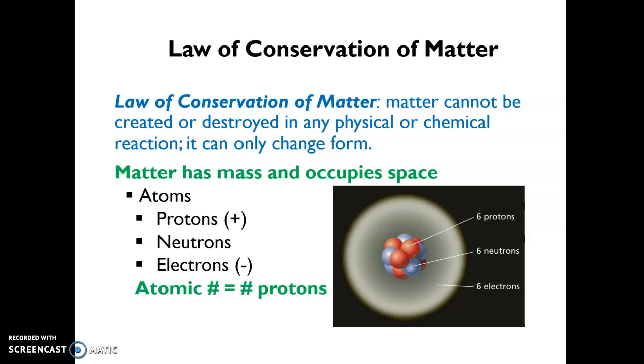Atoms consist of three main units and other subunits. The two units in the nucleus, or the core of the atom, are protons, which are positively charged, and neutrons, which are neutrally charged. Spinning in orbit around the core of protons and neutrons are electrons.